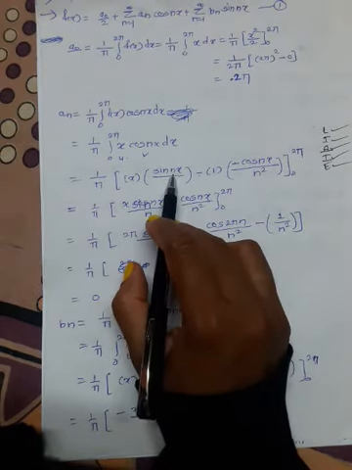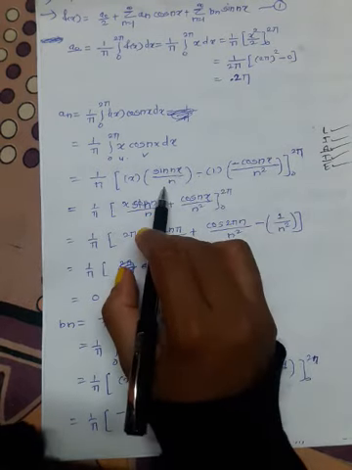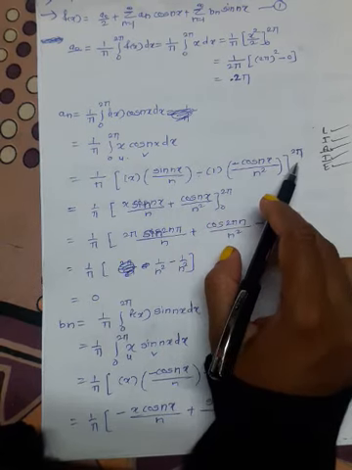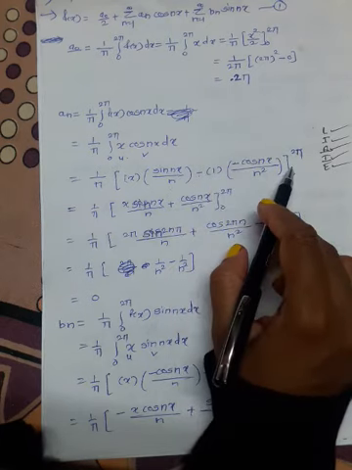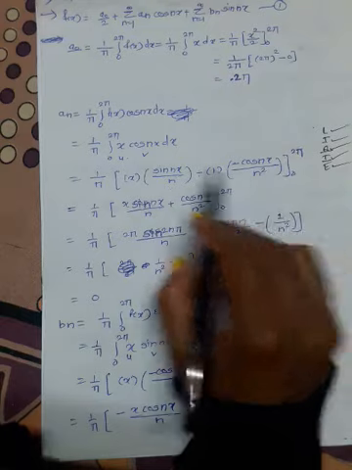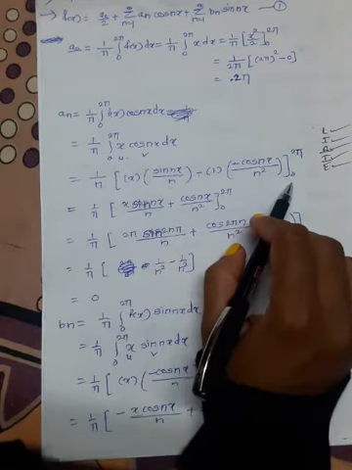Sin nx integration is minus cos nx upon n, and already n is there, that's why it becomes n square. Now the next term of the u into v rule is plus 1 derivative here, that is 0 because 1 is a constant. That's why the process stops here, and limits are 0 to 2 pi.